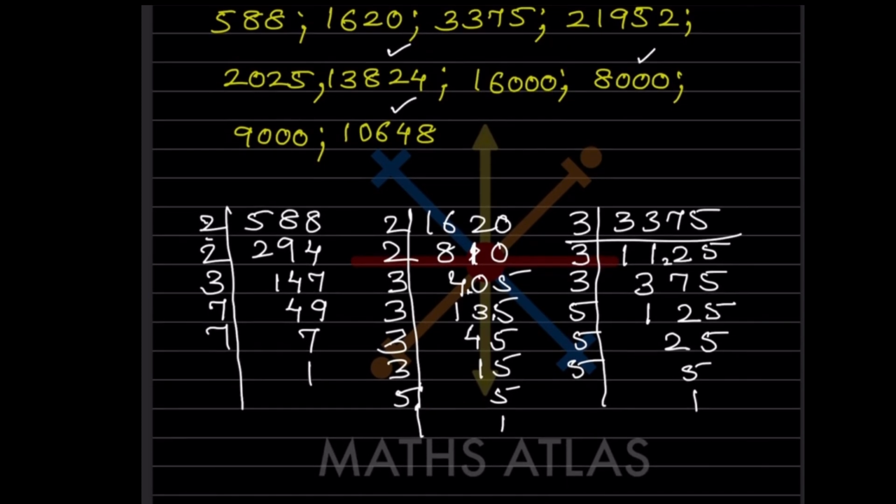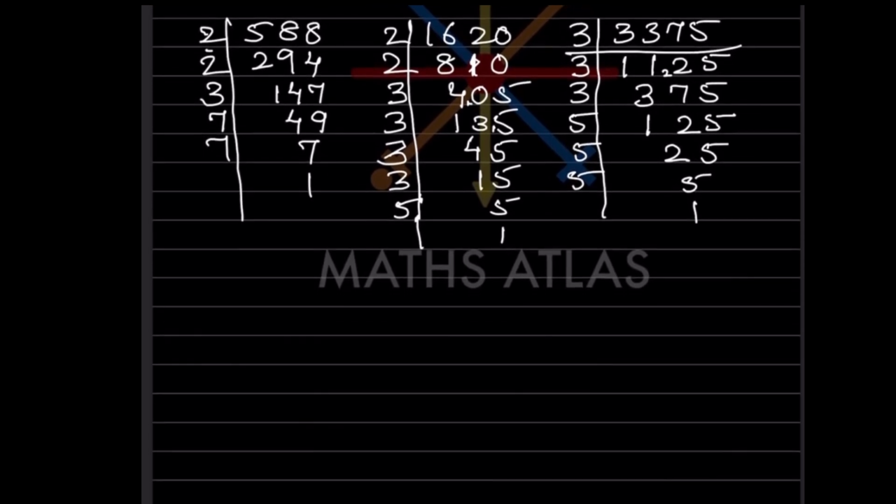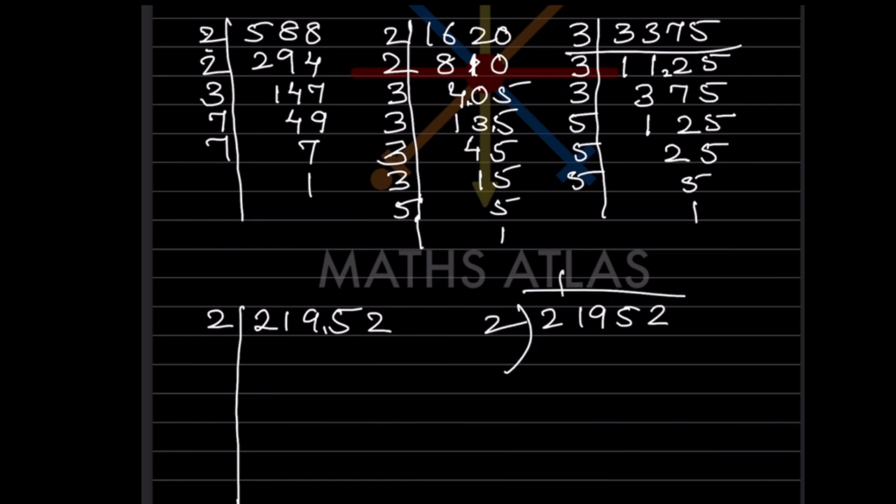So now look at here, 21952. So here will be 2 ones are, and here again 2 nines are 18, 2 sevens are 14. 21952. 2 ones are 2.